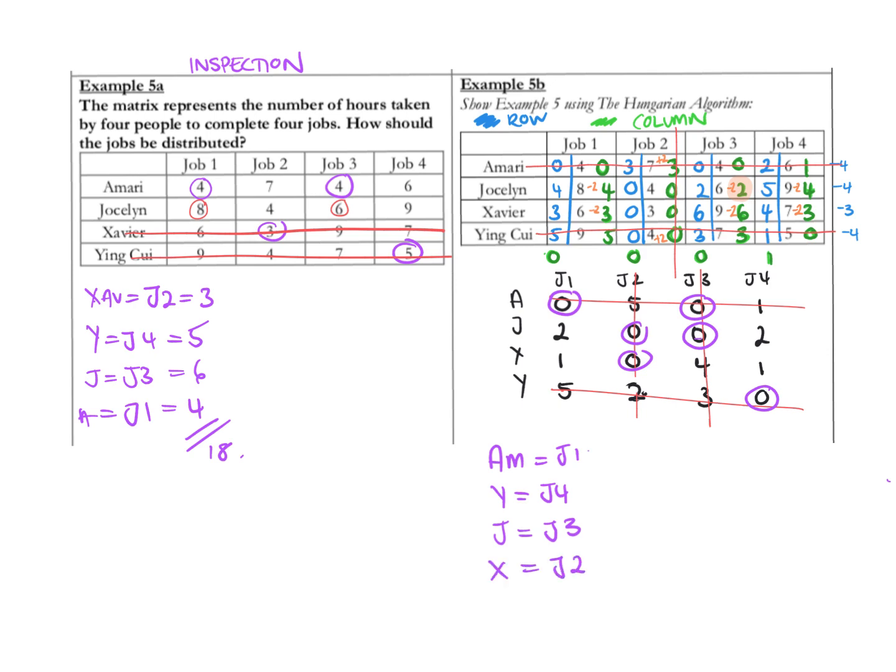Then you have to go back to the original data and see what that was. So Amari took 4 minutes to do job 1. Ying on job 4 took 5. Jocelyn took 6 for job 3. And Xavier did job 2 for 3 minutes, or whatever it was, and it ended up being 18 units, the same.